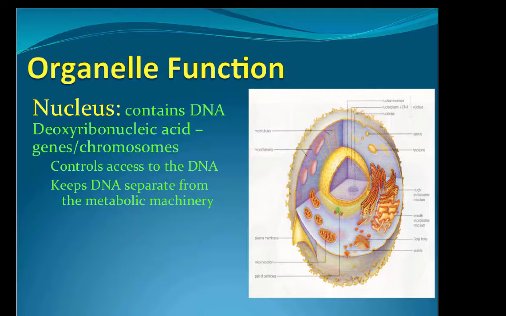One of its major functions is that it controls access to DNA. So genes can only be turned on and turned off, or go through transcription or translation, by nuclear control. And the nucleus helps to keep the DNA separate from the metabolic machinery that functions 24 hours a day.